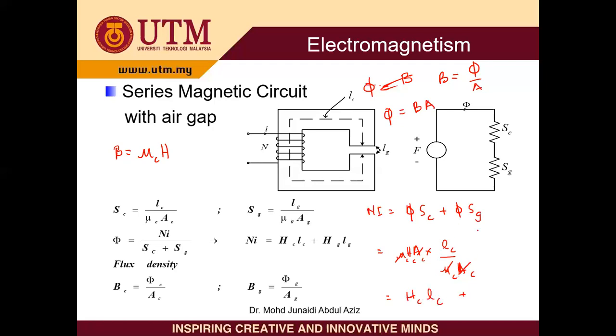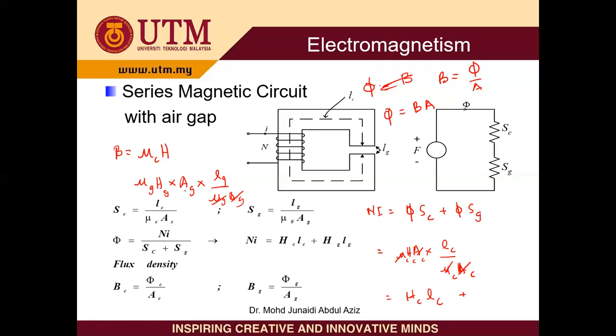The same case goes for Sg. The flux Sg you can compute by using mu gap, H gap, multiplied with the A gap, multiplied with L gap over mu gap A gap.